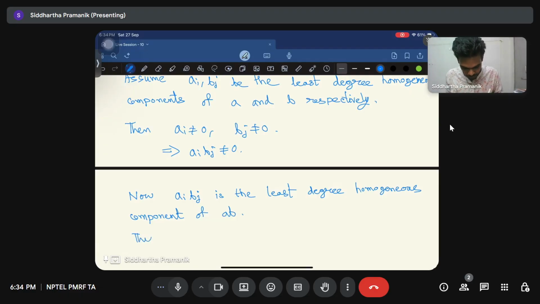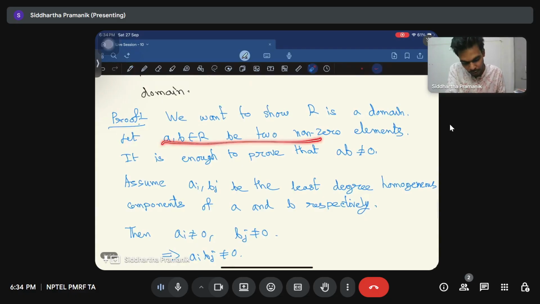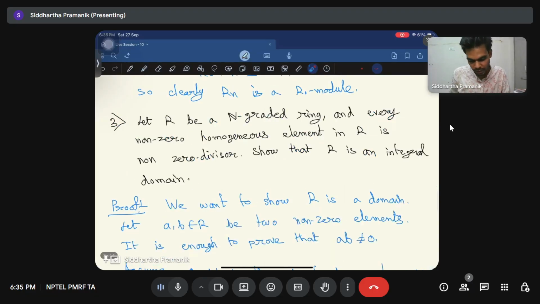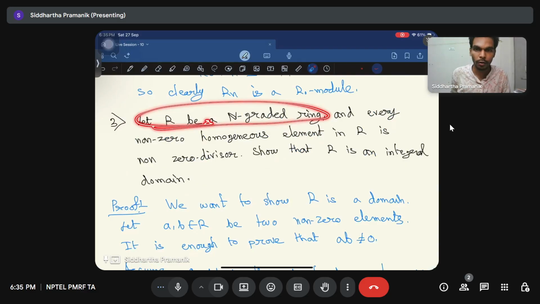So this implies the product itself is non-zero because it has a non-zero homogeneous component. So in particular, the product of two non-zero elements is non-zero, and A, B are arbitrary elements. So R has to be an integral domain. So to check whether a graded ring is a domain or not, we need to check that the product of non-zero homogeneous elements is non-zero.